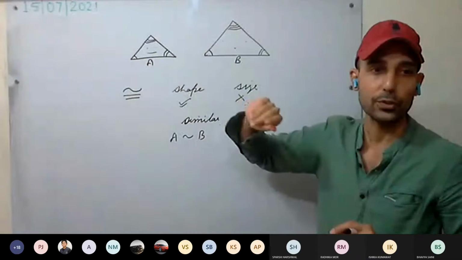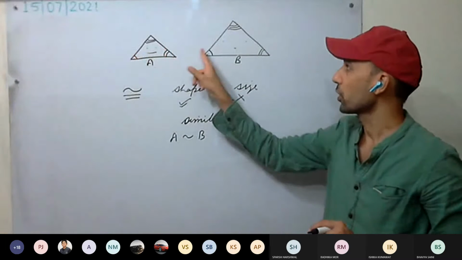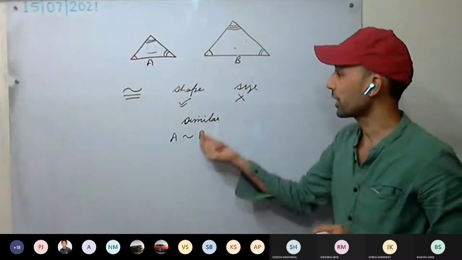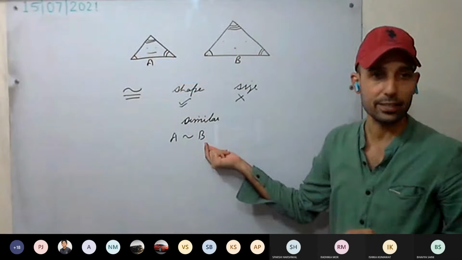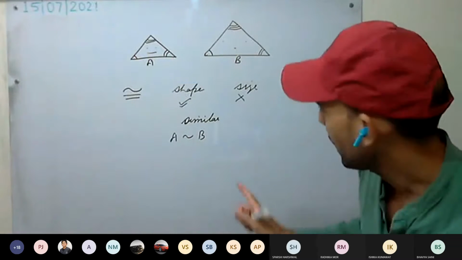Forget about that proportion; we study that in 10th class. So corresponding angles are equal. When corresponding angles are equal, we say they are similar. They look similar. This is clear, similarity.